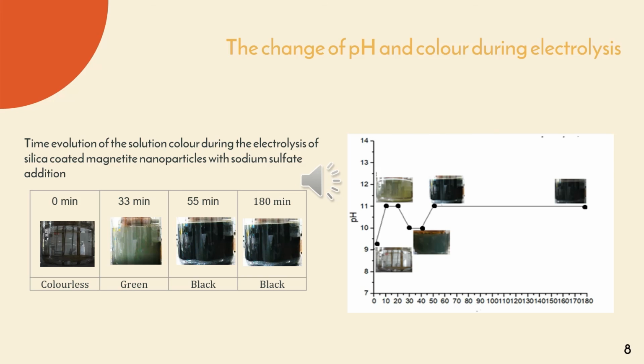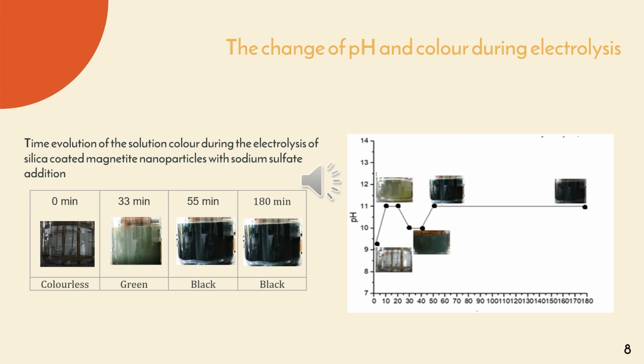This is time evolution of the solution color during electrolysis of silica-coated magnetite nanoparticles with sodium sulfate addition. At the beginning of process, the color is colorless, then turns into green at 33 minutes and turns into black at 55 minutes and still black till the end of process.